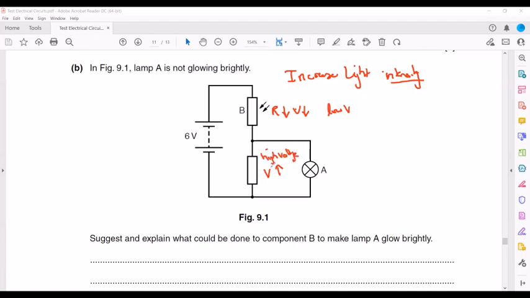Since they are connected in parallel, there will be high voltage across A, so it will be bright. So to make the lamp glow brightly, we should increase the light intensity, which lowers the resistance of the LDR, so the voltage across the LDR decreases and there is more voltage across the lamp. With more voltage across the lamp, it will glow brightly.